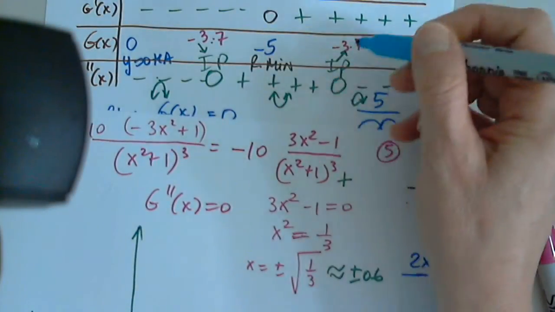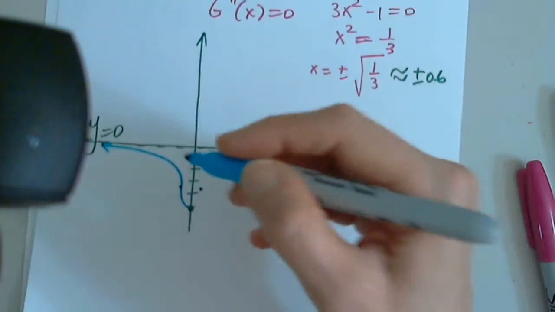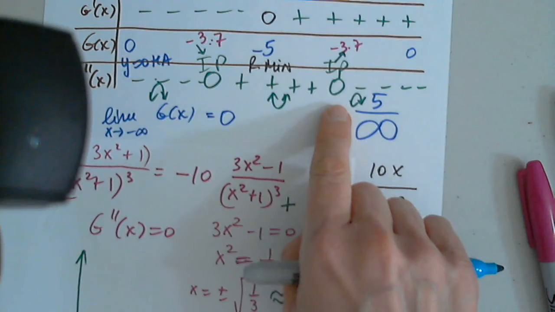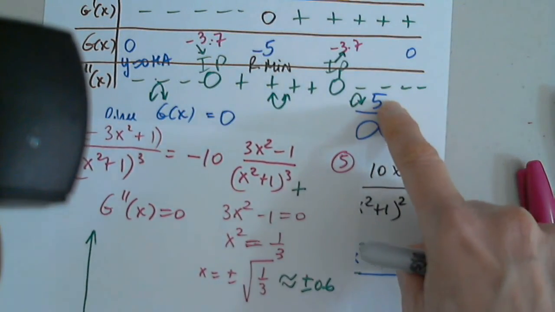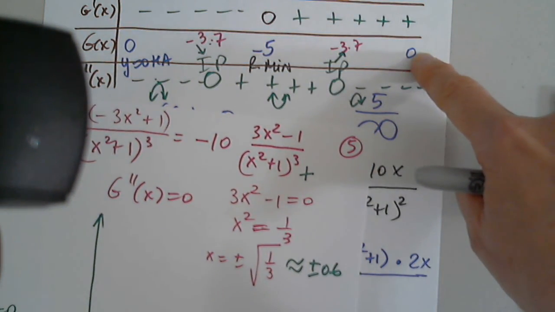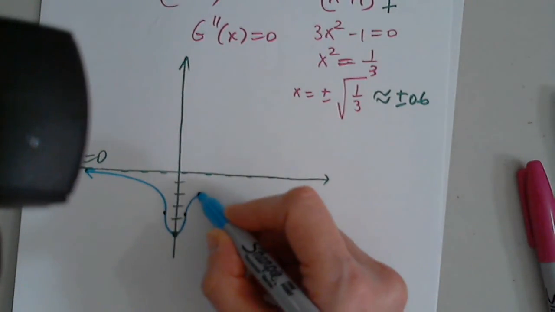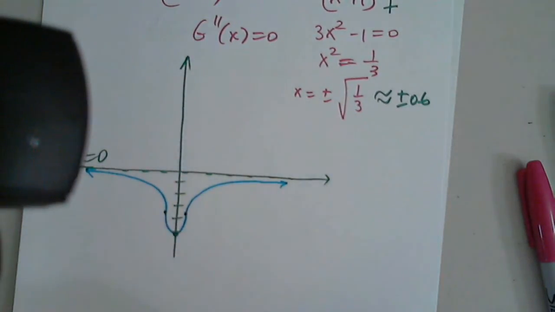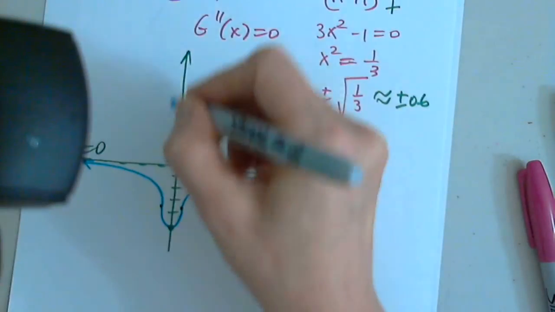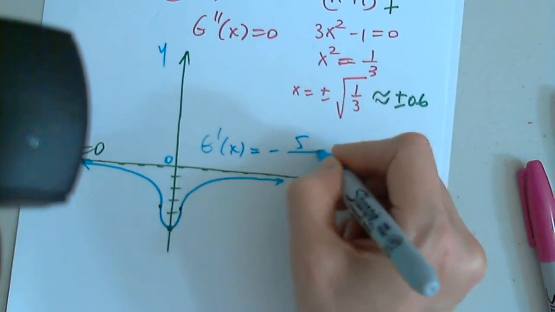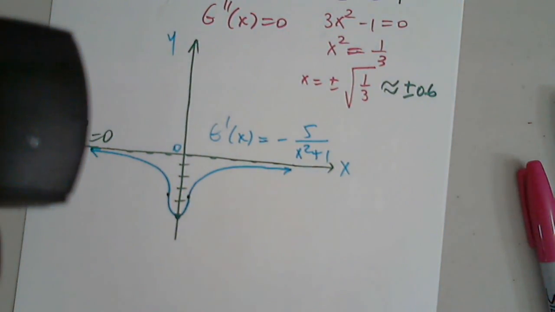It continues to open up and now increasing to 0.6, -3.7, where it changes concavity. It will continue opening down, approaching 0. Increasing, opening down, approaching 0. Very nice function. Much nicer. -5 over x squared plus 1. Well done.